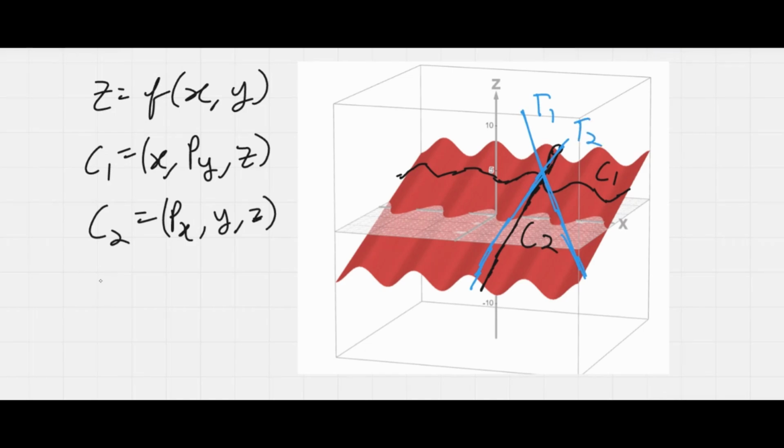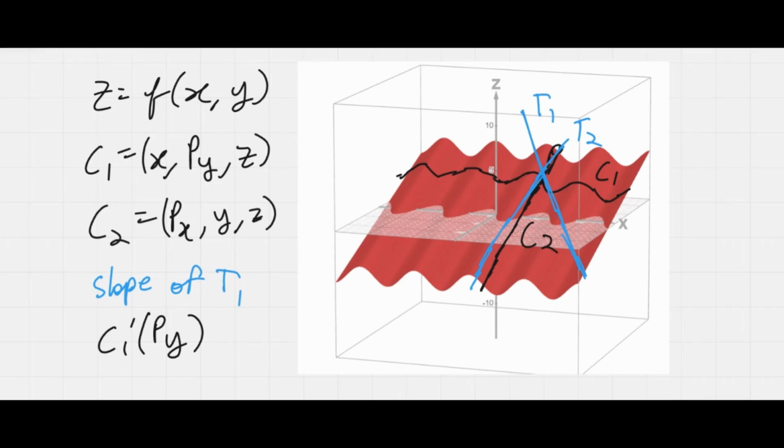And so the slope of tangent number 1 can be defined by the definition of a derivative. And we learned the definition of a derivative in single variable calc, and so we can use that and define the slope of tangent number 1. And so that's simply going to be the derivative of c1 at the y-coordinates of P. And same goes for the slope of tangent number 2.